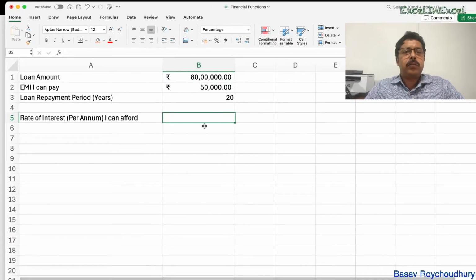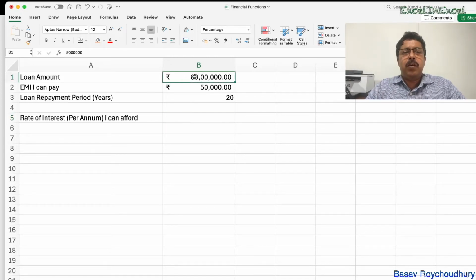Now, let's say I plan to buy a wonderful car, the best I can think of. And that particular imported car is going to cost me around 80 lakh rupees. So I want to figure out, can I really buy that car?